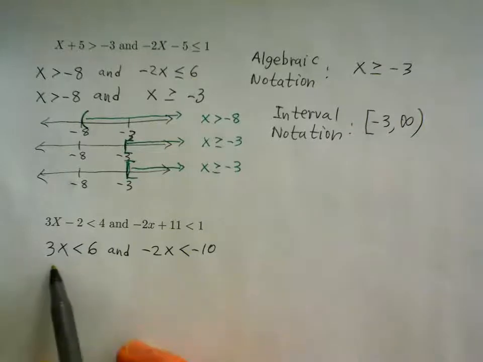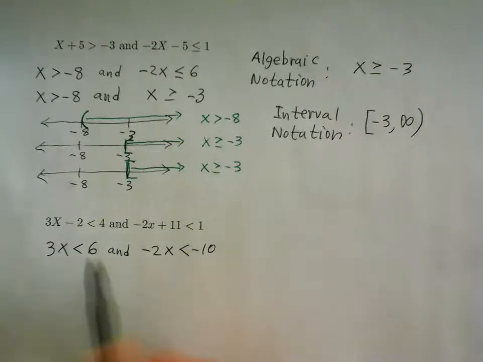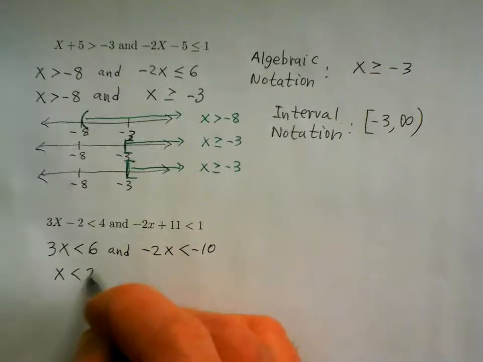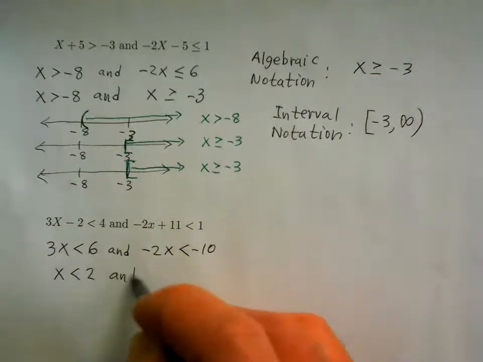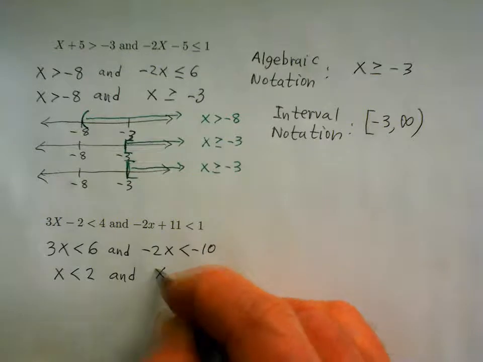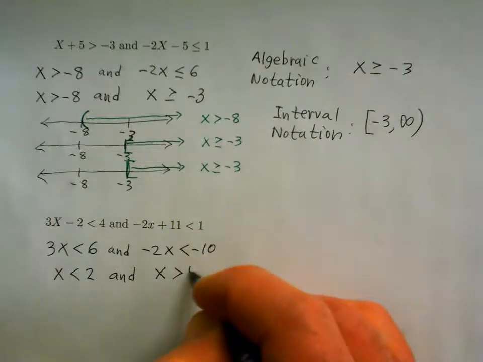On the left, divide both sides by 3, and we get x is less than +2. And on the right, we divide both sides by -2, and we get x is greater than 5.